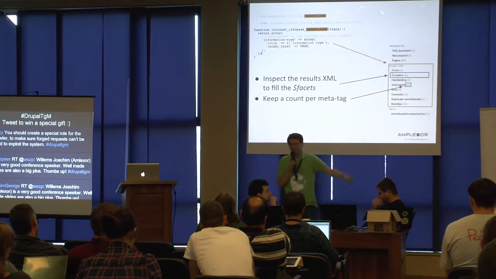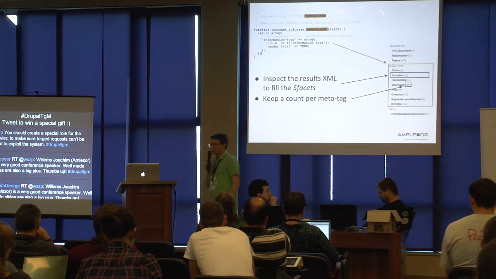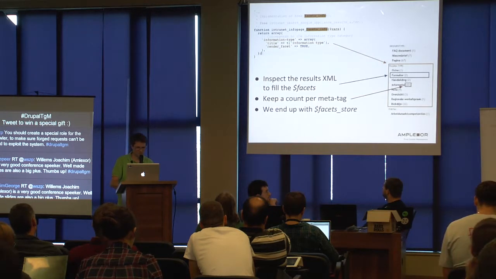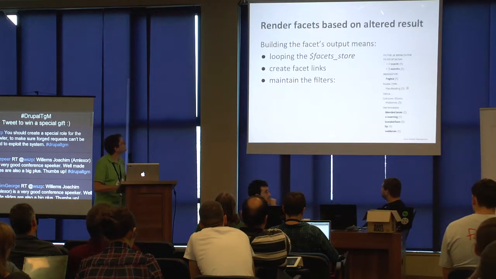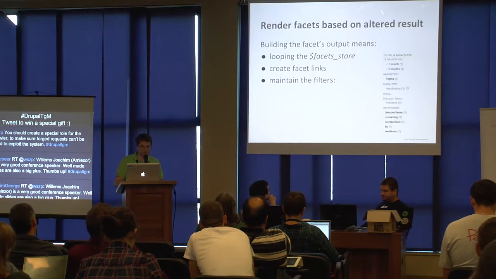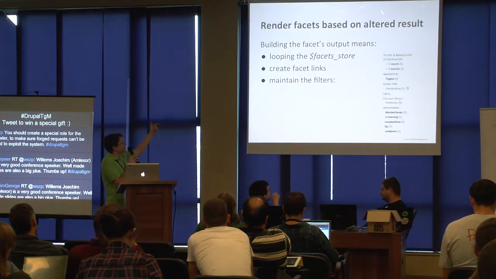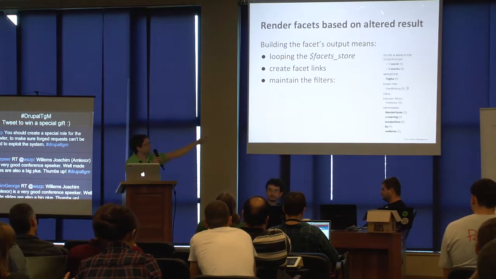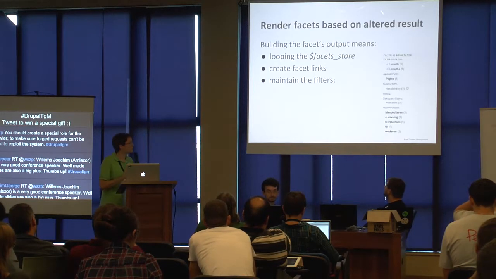Then you can click on that, and a new search query is sent to the appliance with an added filter for that term. So we render the facets based on an altered result. Building the facets output means, as I said, looping the facet store, creating those links, and maintaining the filters. You can also remove filters.